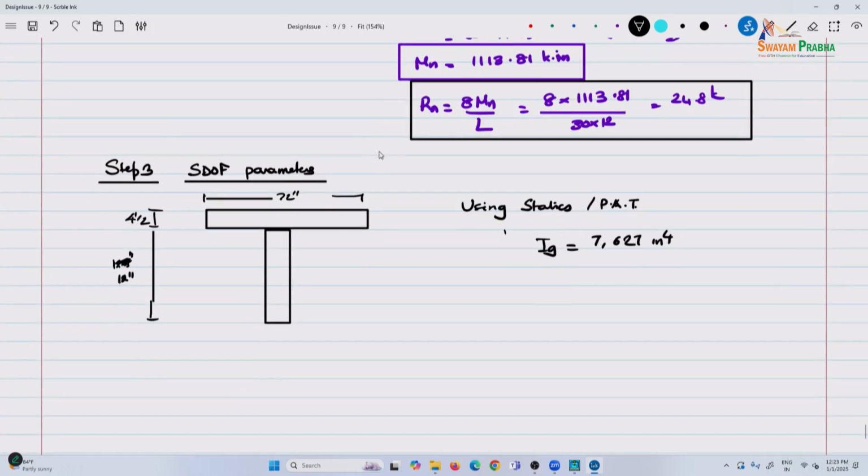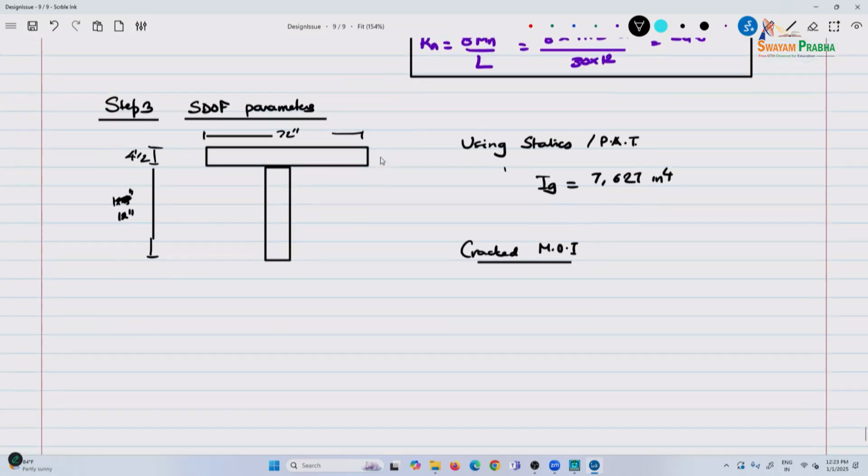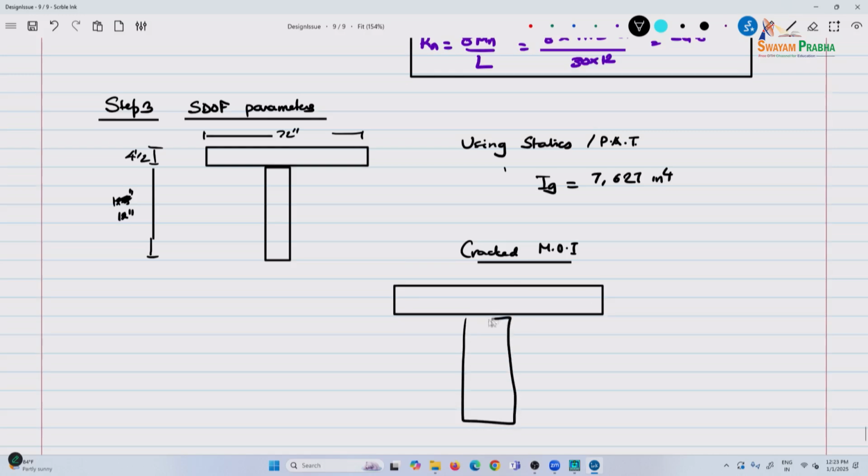Then for the cracked moment of inertia, it's the same process. I think all of you, at least from civils, would have done it. I'll just give the schematic and then skip over the details. If you want it for completeness, I can provide it.